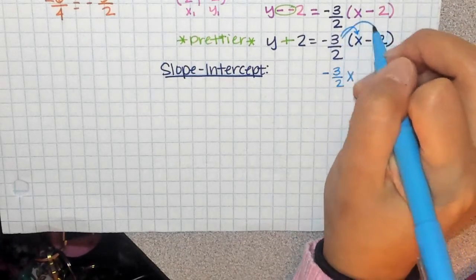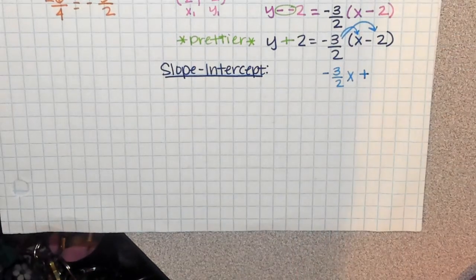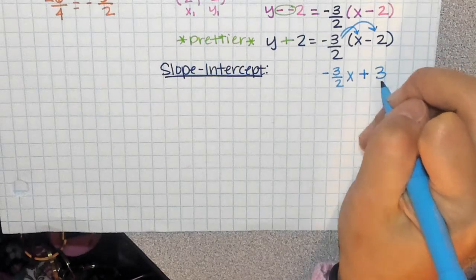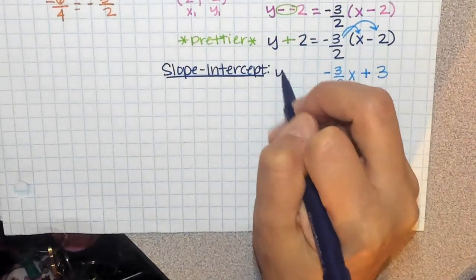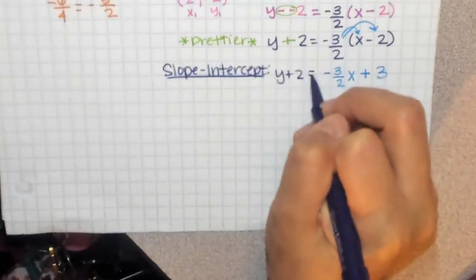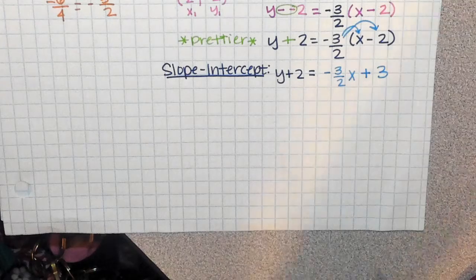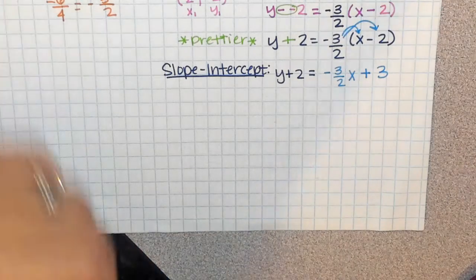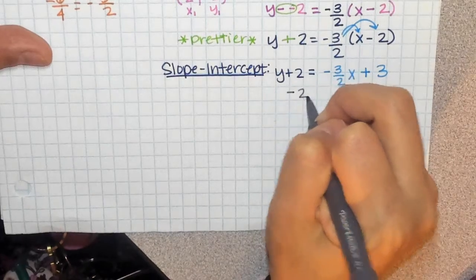And then -3/2 times -2 is going to be a positive 3. Okay. Bring everything else down. y plus 2 equals negative 3/2 x plus 3. And then I take away 2 from both sides.